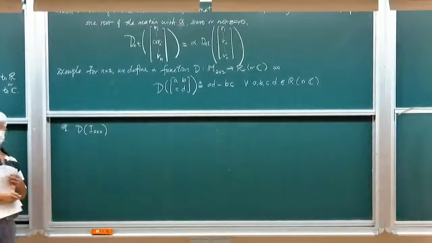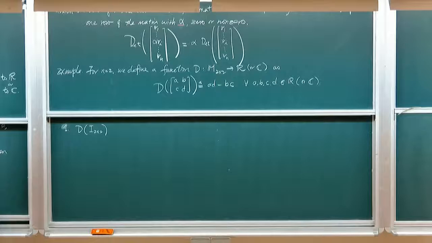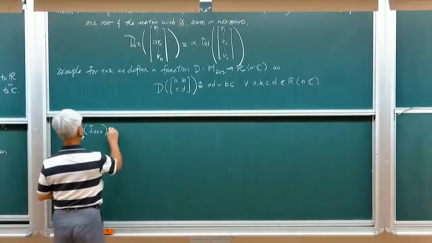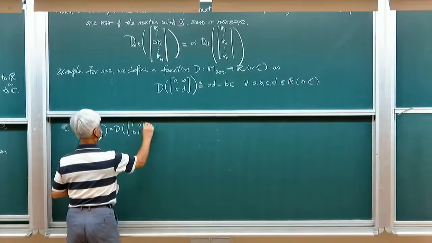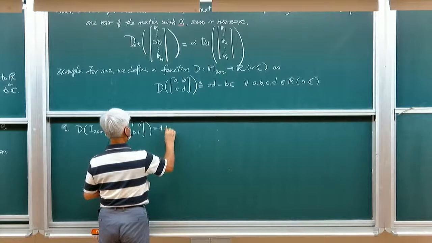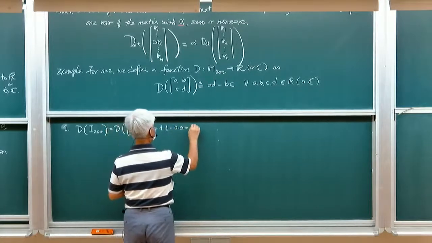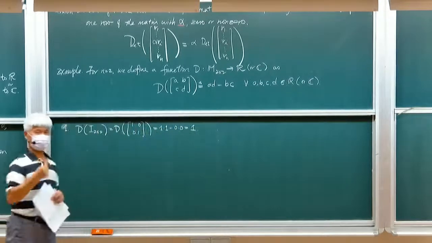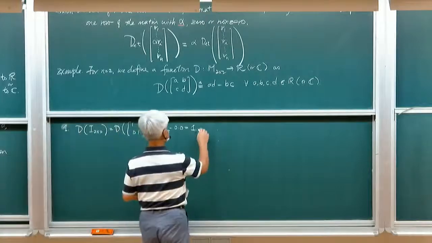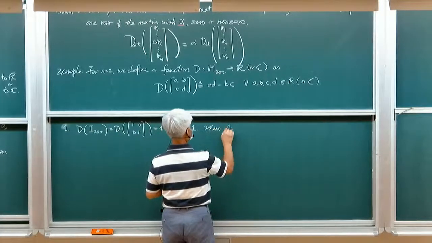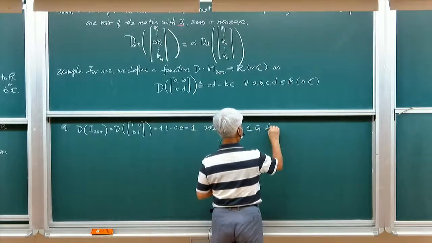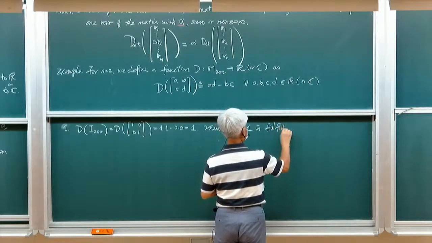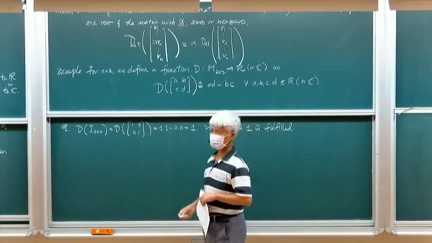We want to find the value of D at the identity matrix. One times 1 minus 0 times 0. So axiom 1 is fulfilled. Okay, so axiom number 1 is good.